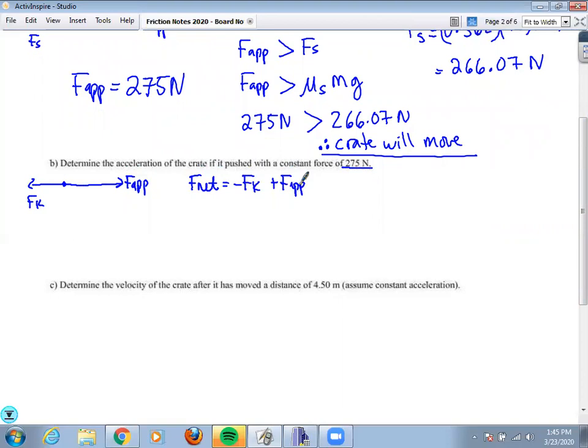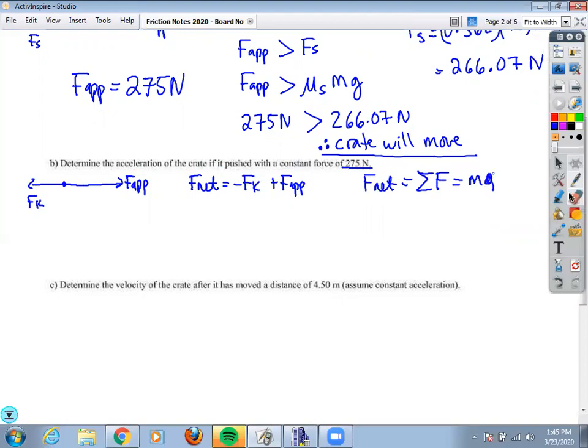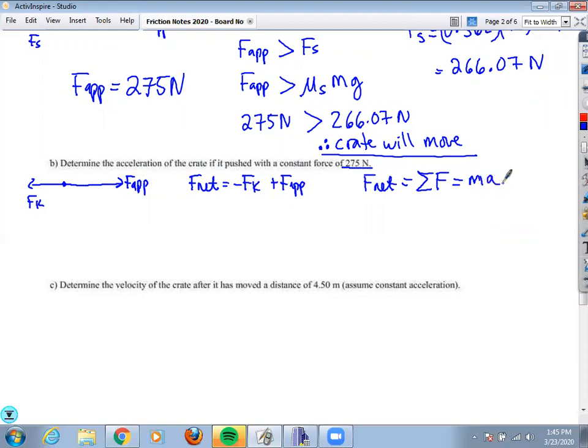So we want to find the acceleration, and we do know from Newton's second law, F net equals the sum of forces, which also equals ma. So we can replace that, and so ma equals negative Fk plus F applied.